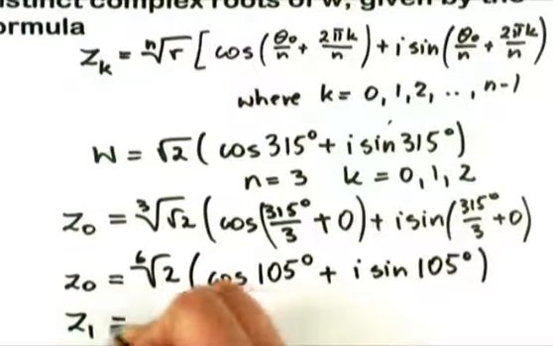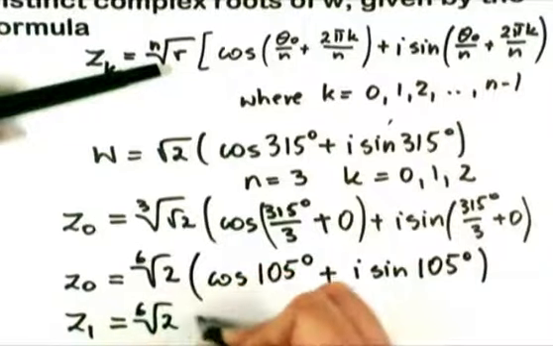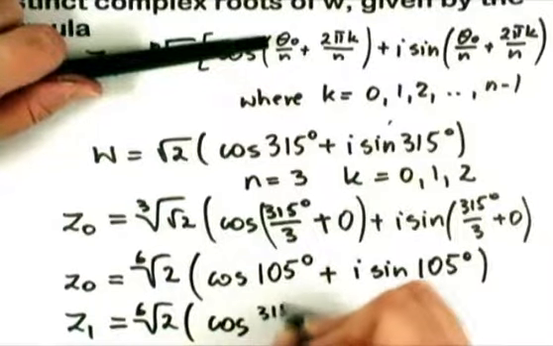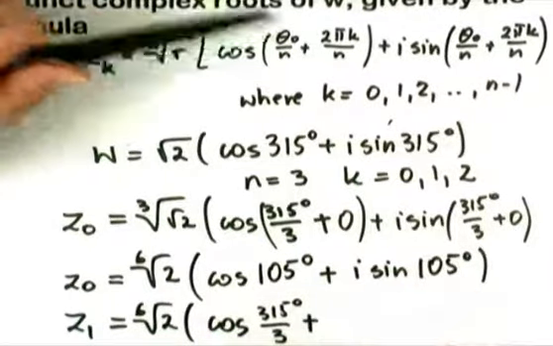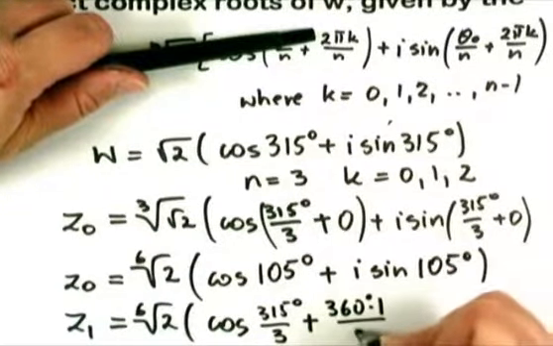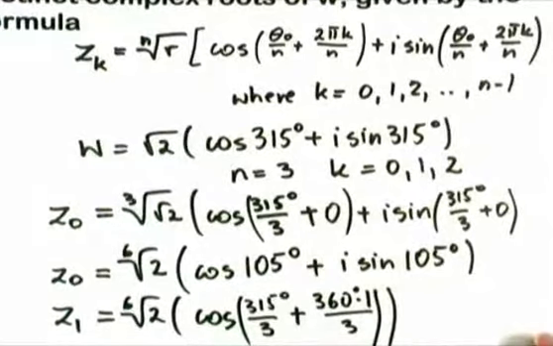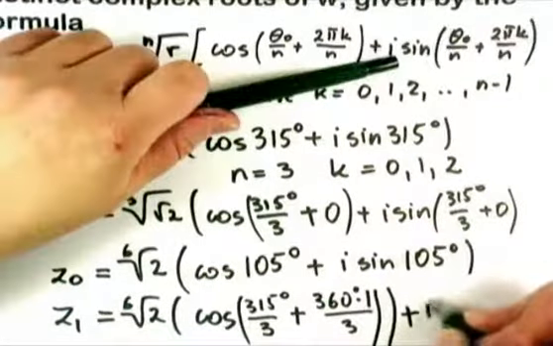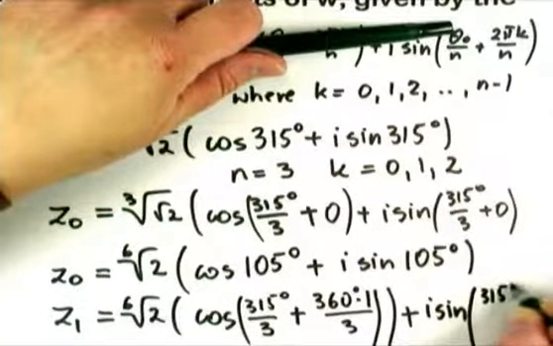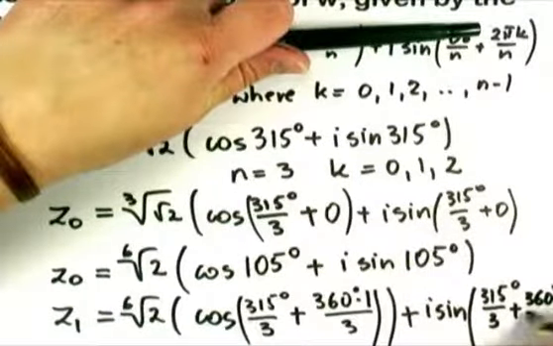So z1 is equal to, going with this formula, the same sixth root of 2 times cos of 315 over 3 plus 360 times k, which is 1, over 3, plus i sine of 315 over 3 plus 360 times 1 over 3.